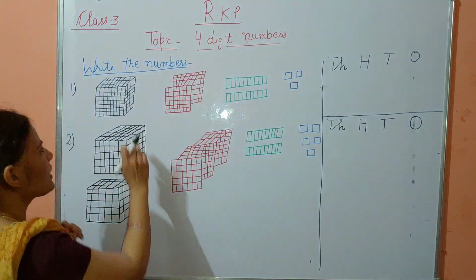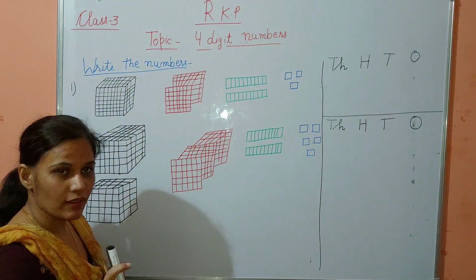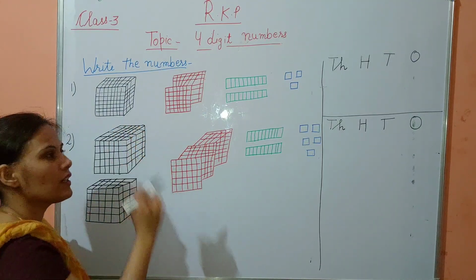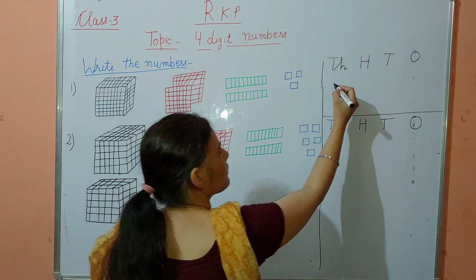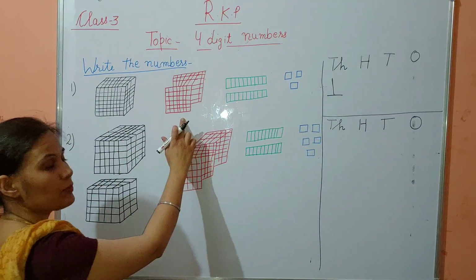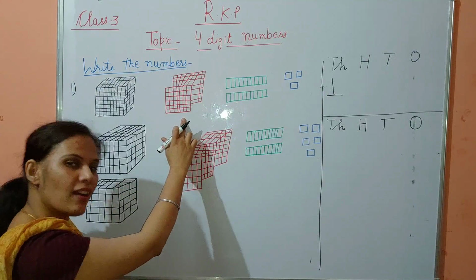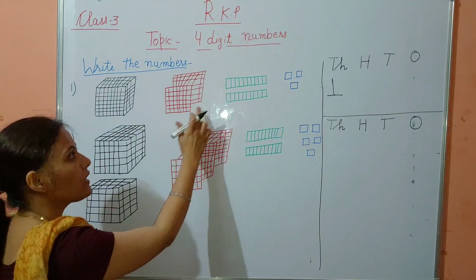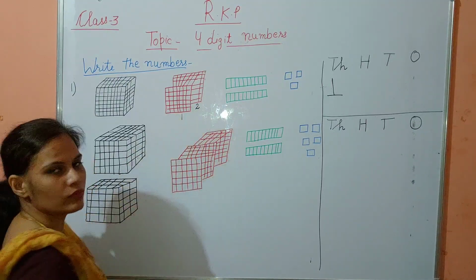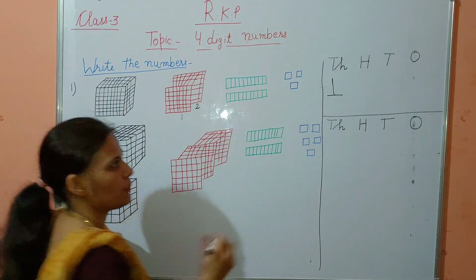So this is the box. How many boxes are there? 1. So at the 1000 place, what number will come? 1. This represents the 100 place, and how many layers are there? 1, 2. It means 2 will come on the 100 place.